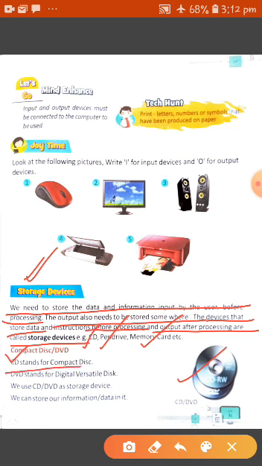CD stands for compact disc and DVD stands for digital versatile disc. We use CD and DVD as storage devices. We can store our information or data in it for a very long time.